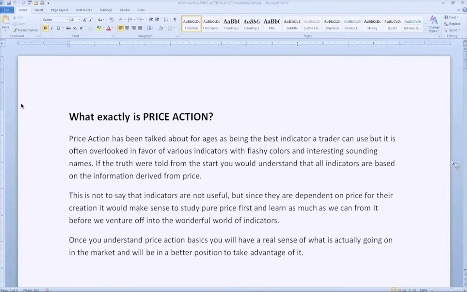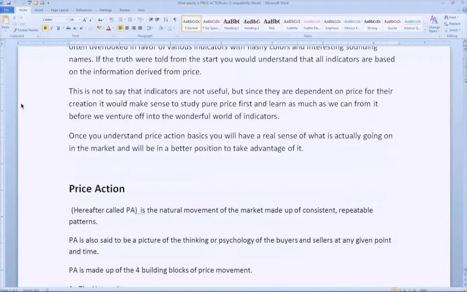This is not to say that indicators are not useful, but since they are dependent on price for their creation, it would make sense to study pure price first and learn as much as we can from it before we venture off into the wonderful world of indicators. Once we understand price action basics, you get a real sense of what is going on in the market and we'll be in a better position to take advantage of it.